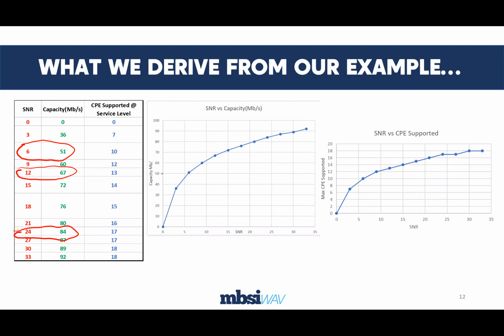So here's what I have. Here's what the plot looks like. If I had a weighted average performance across my sector of 15 dB signal to noise ratio, I would expect, if I can draw another straight line here, about 70 megabits of downlink capacity on that system.